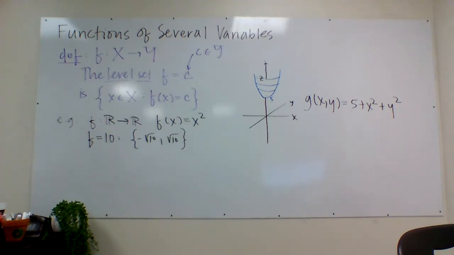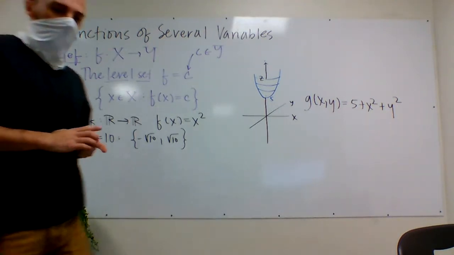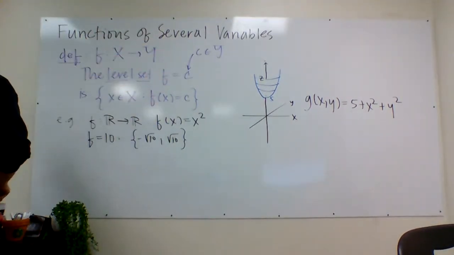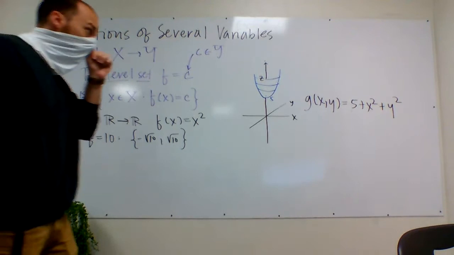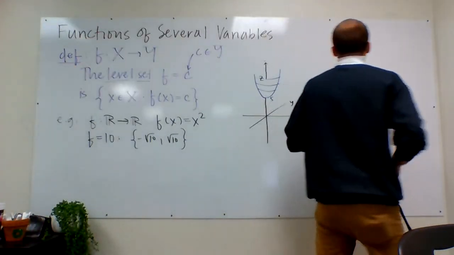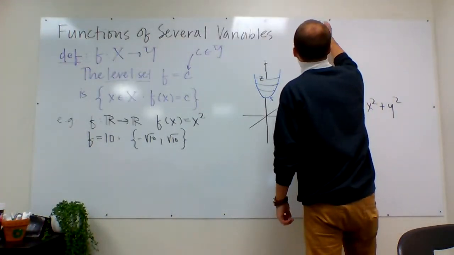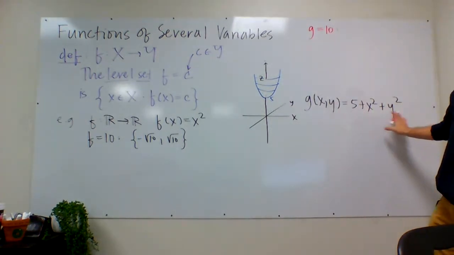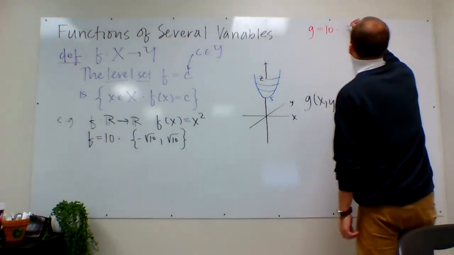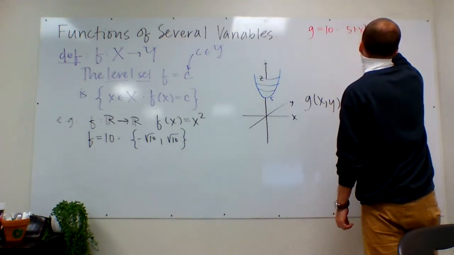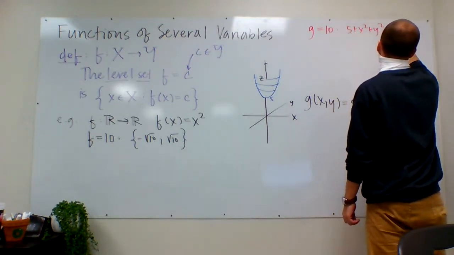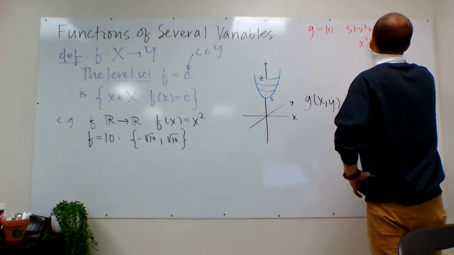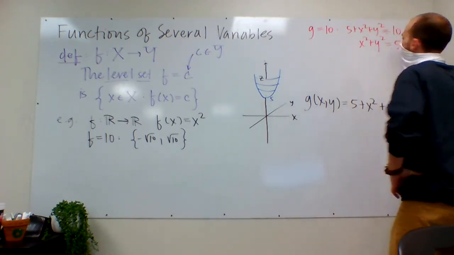But I'm also interested in talking about the level curves, or excuse me, the level set over here. The level set g equals 10 I get by setting 5 plus x squared plus y squared equals 10, which means x squared plus y squared equals 5.